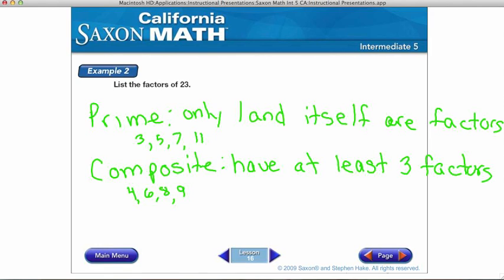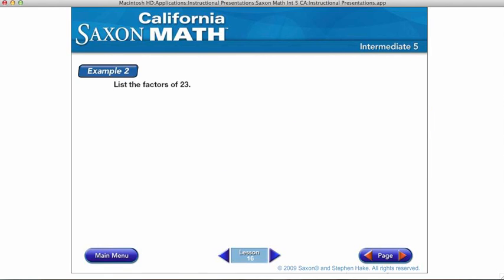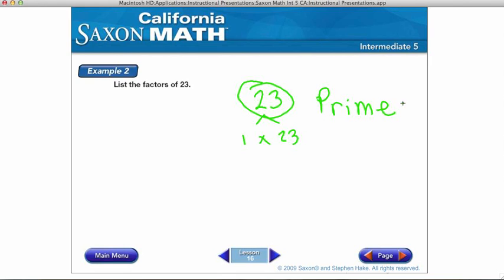So, list the factors of 23. Are there any factors of 23? Okay, 23 is a prime number, so its only factors are 1 and 23. Okay? All right, example 3.